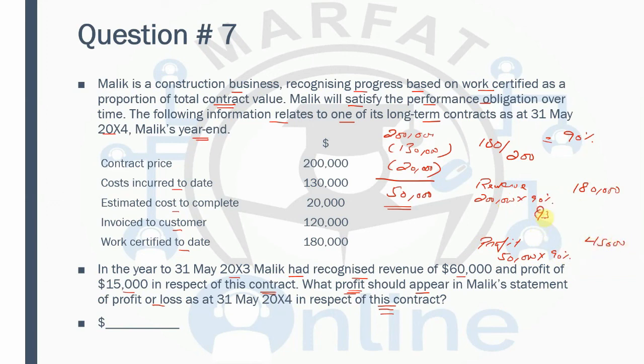The cost will be a balancing figure. They have told us that 15,000 of this profit has been recorded in the previous year, that means 31st May 2003. And now they are asking what will be recorded in this year, 31st May 2004. So 45,000 minus 15,000, because this has already been recorded. So 30,000 is the profit which will be recorded in the current year.